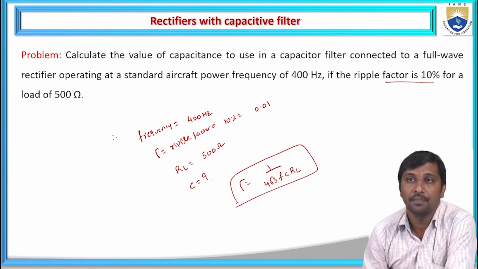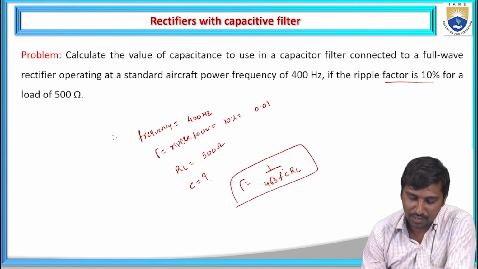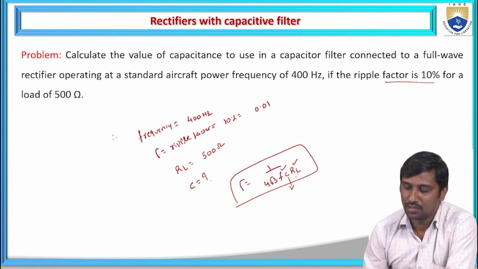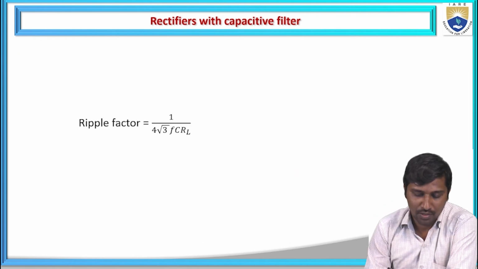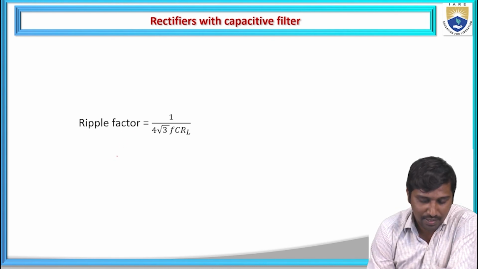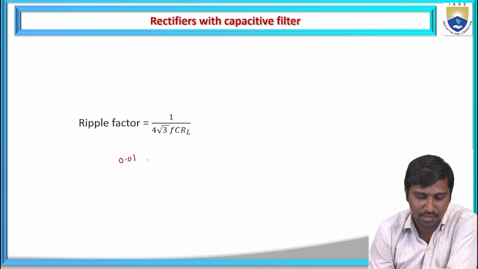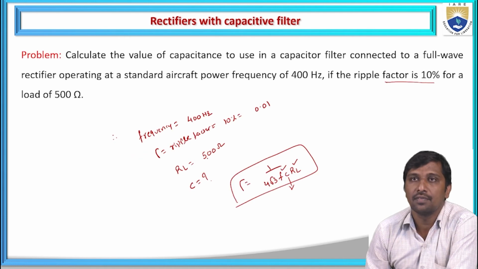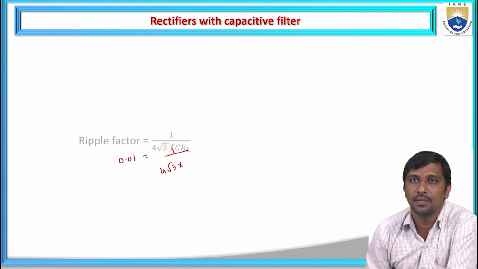Here the frequency is a known parameter, RL is also a known parameter, and the ripple factor is given as 10%. From all these parameters we need to calculate C. So the ripple factor is 10%, that is equal to 1 by 4 root 3 into frequency, and the given frequency is 400 Hz.